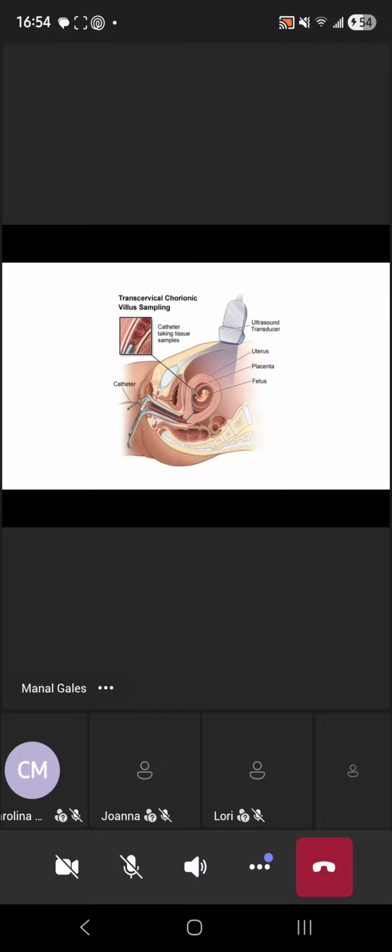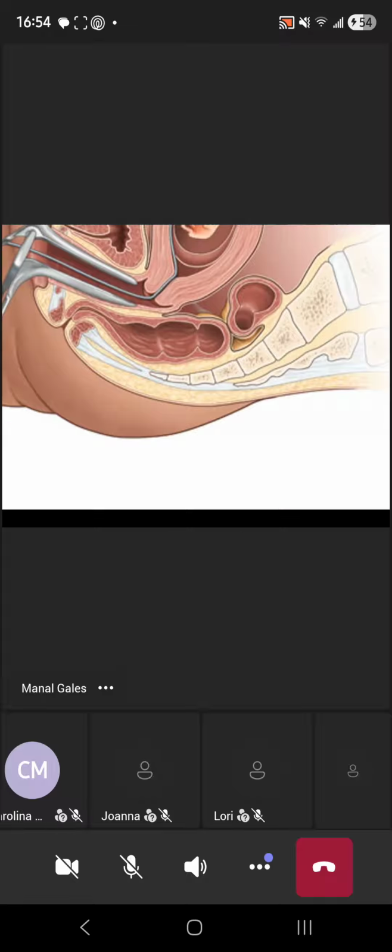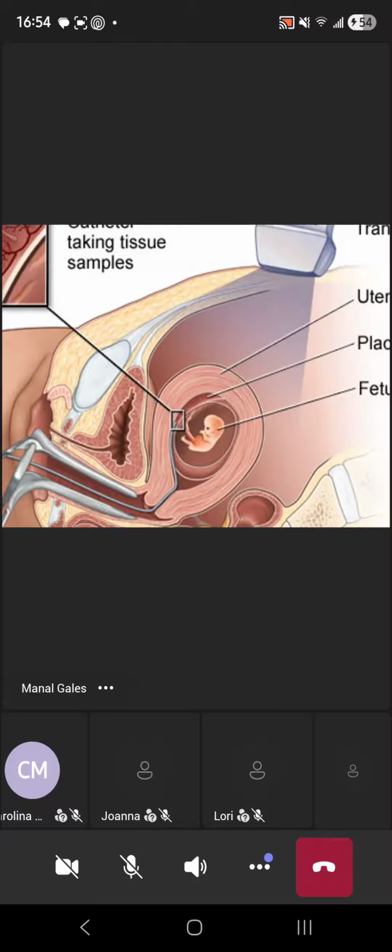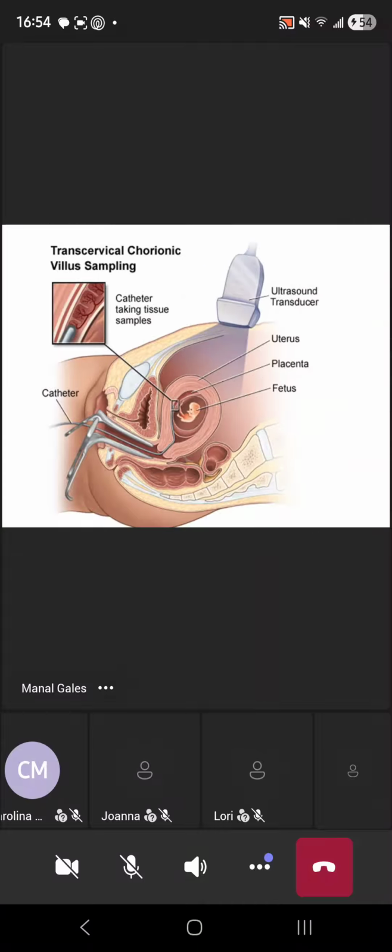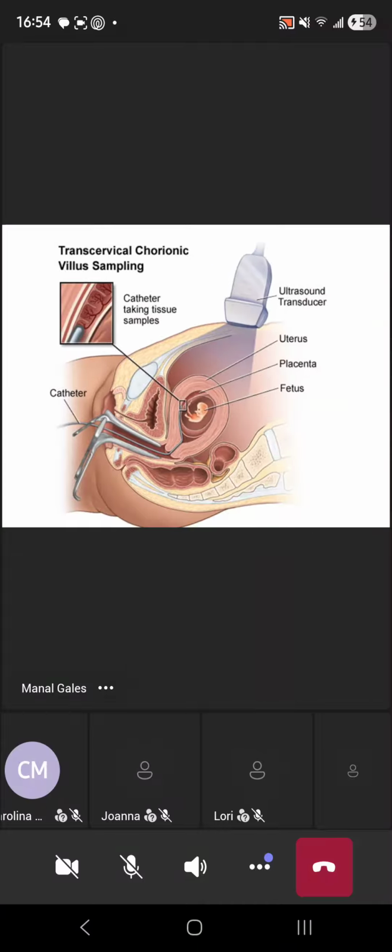And this, guys, is the amniocentesis. You see the picture here. Sorry, this is chorionic villus sampling. My bad. They go from the vagina through the cervix and take a sample from the chorionic villi.